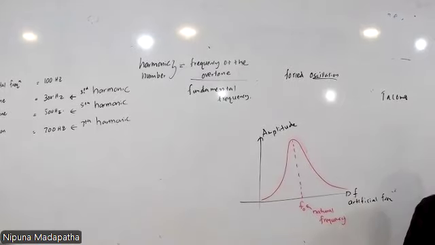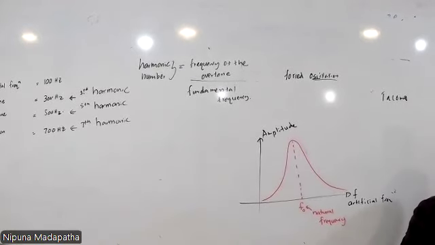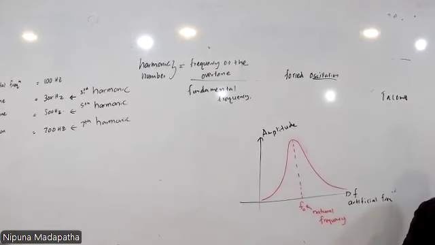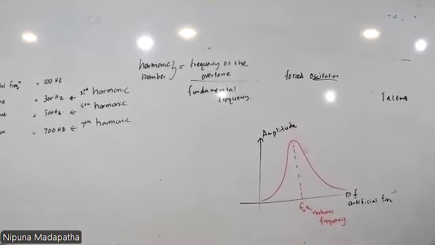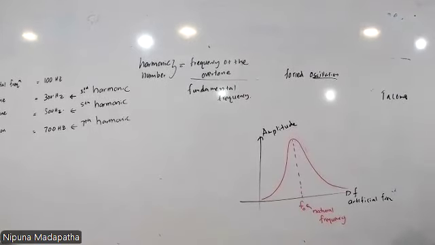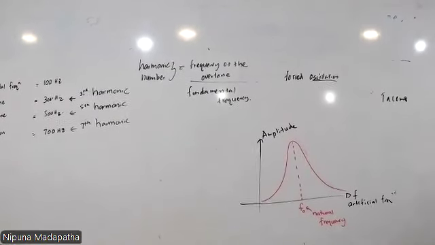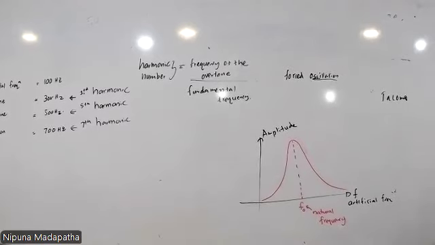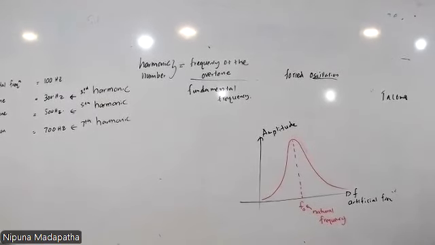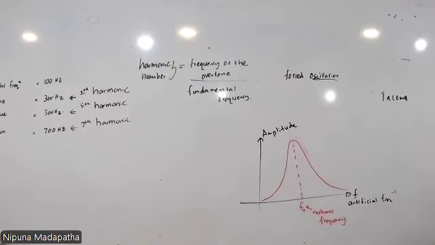Characteristics of resonance. First one is amplitude becomes maximum. Energy transfer is maximum.